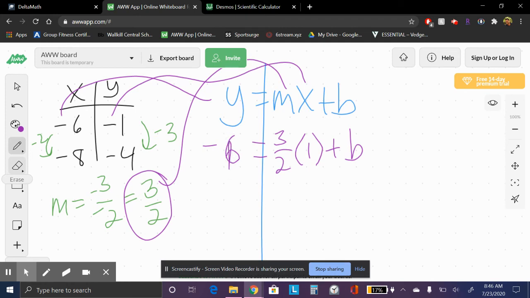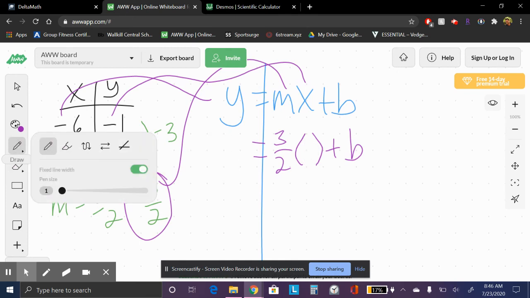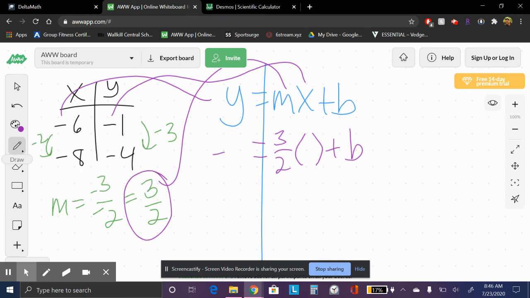Come on, erase. There we go. So I have -1 in for y, -6 in for x. Be careful with that. So if I made that mistake, you might make that one too.